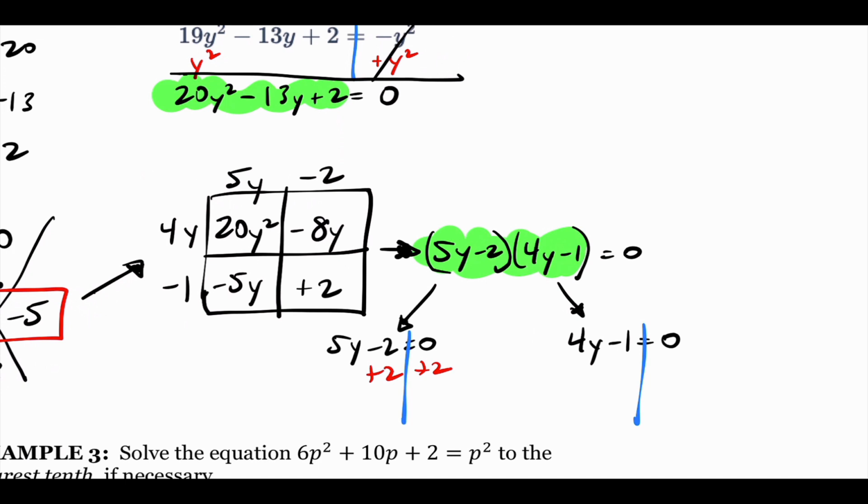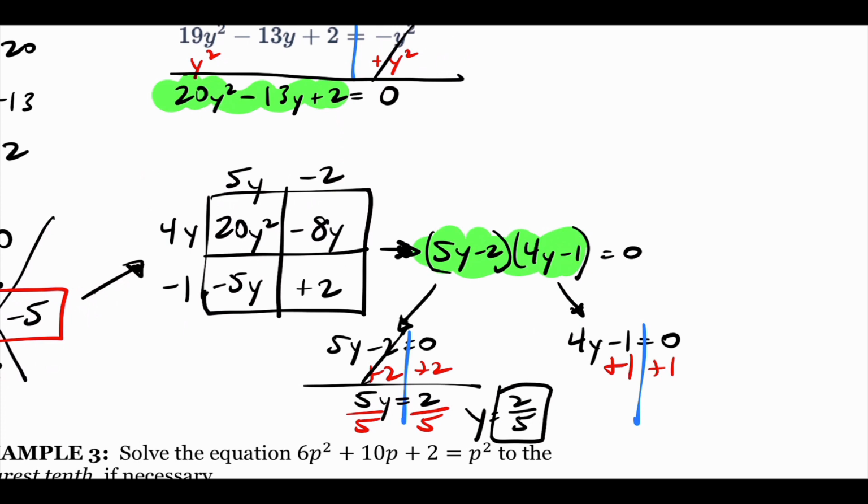Over here, I'm going to add 2 to both sides, then divide by 5. So I get 2/5 as one of my answers, and 1/4 as another one, 2 fractions.